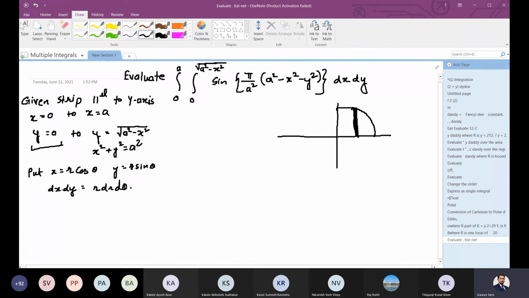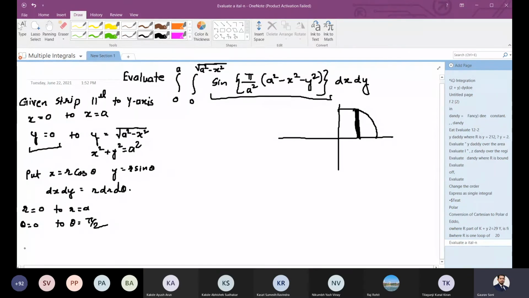From the diagram, the new limits are going to be r running from 0 to r equal to a, theta running from 0 to theta equal to pi by 2. Don't forget that these values are to be substituted in the integrand also.